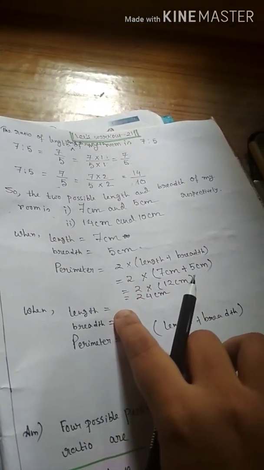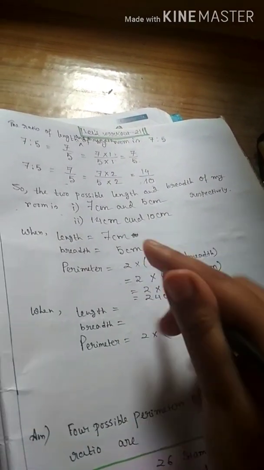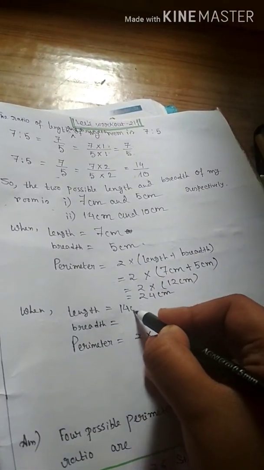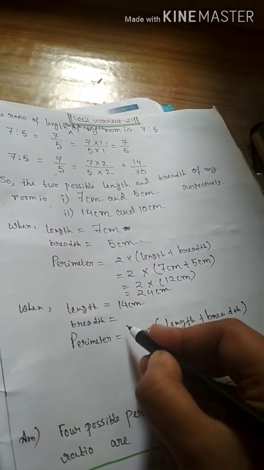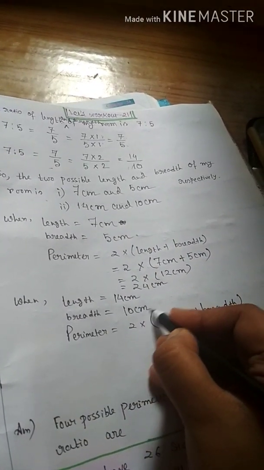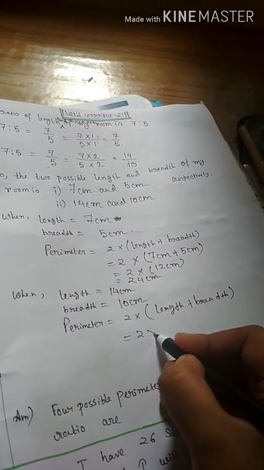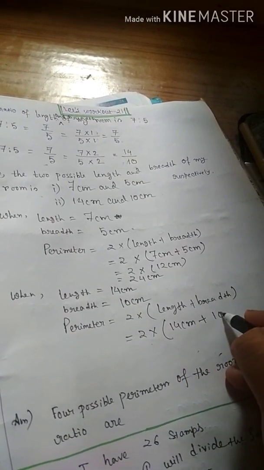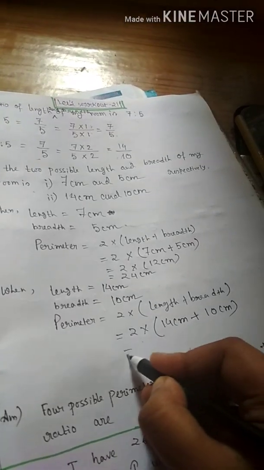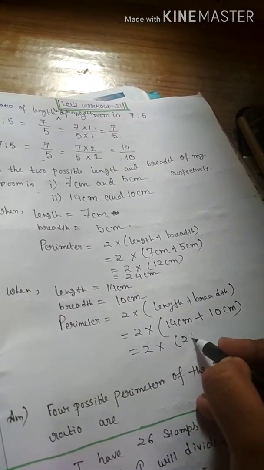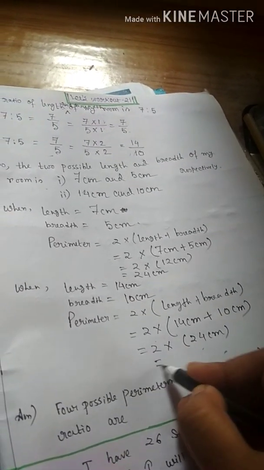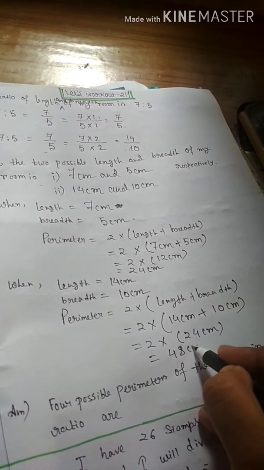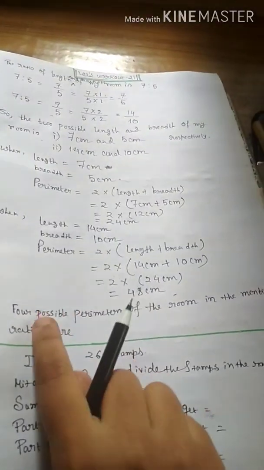Now, the second case, when length is 14 centimeter and breadth is 10 centimeter. So perimeter equals 2 into (14 centimeter plus 10 centimeter), equals 2 into 24 centimeter, that is 48 centimeter.